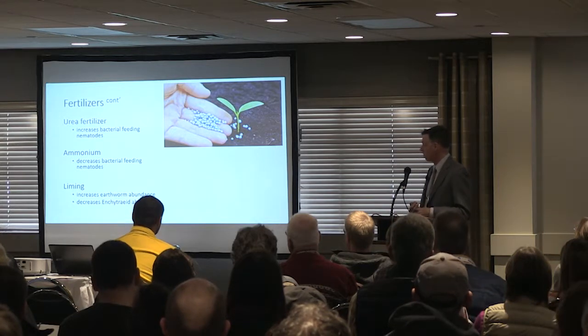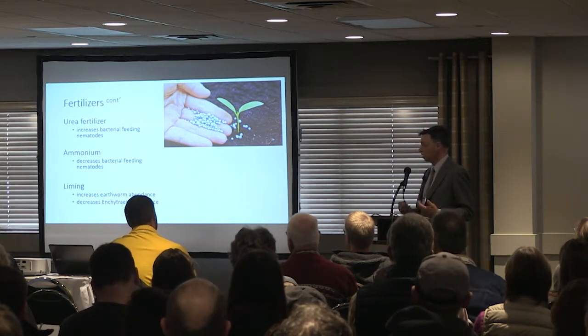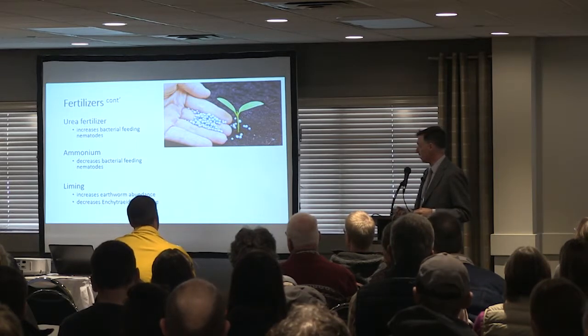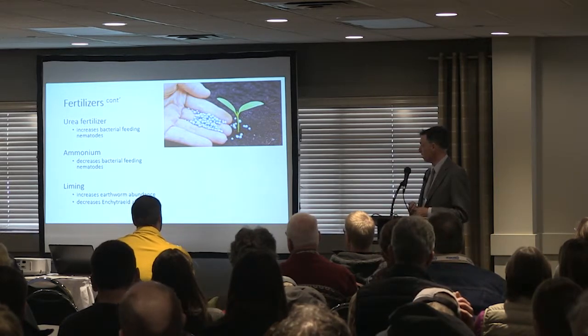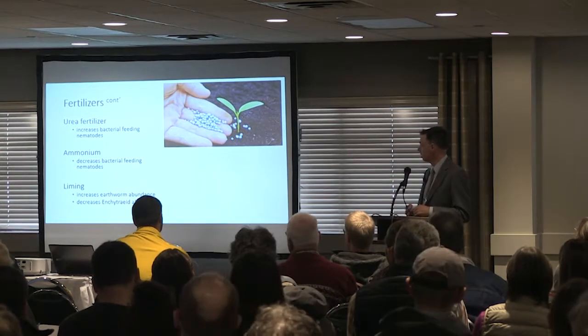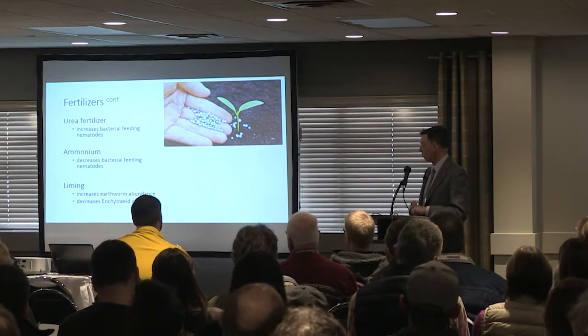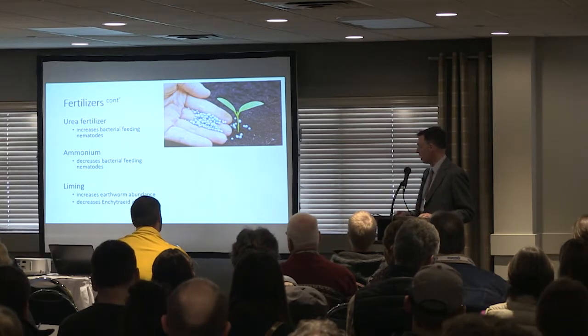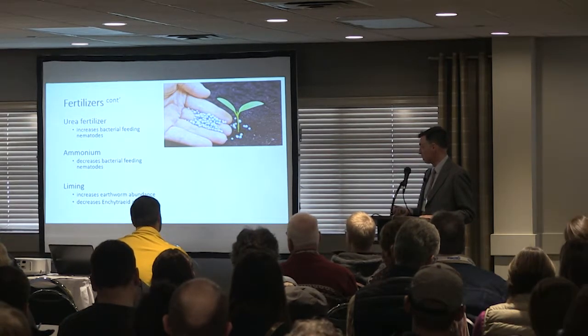With the addition of urea fertilizers, we're looking at changing the community structure again, more of a bacterial dominated system, with bacterial feeding nematodes on that system. The addition of ammonia, we're going to change the bacterial community as well. In the use of liming, we're going to change the earthworm abundance there.